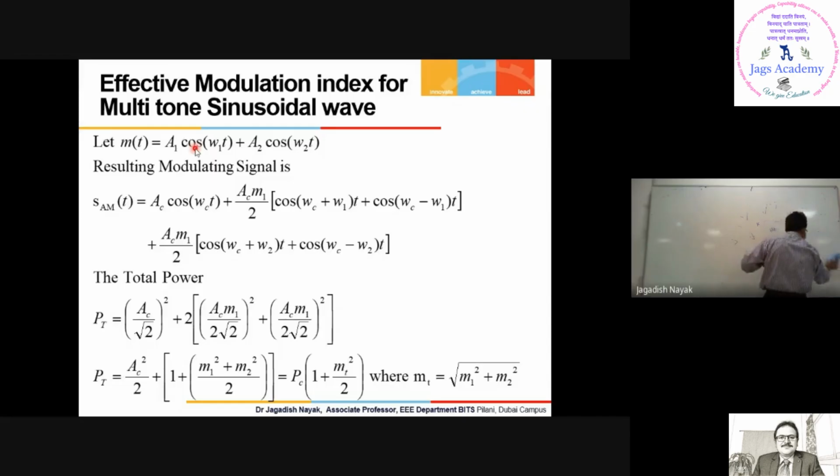So your AM of t is equal to AC plus m of t into cos omega ct, right? Now substitute this as the one which is given, and of course you use m is equal to Am by AC. So what will you get?